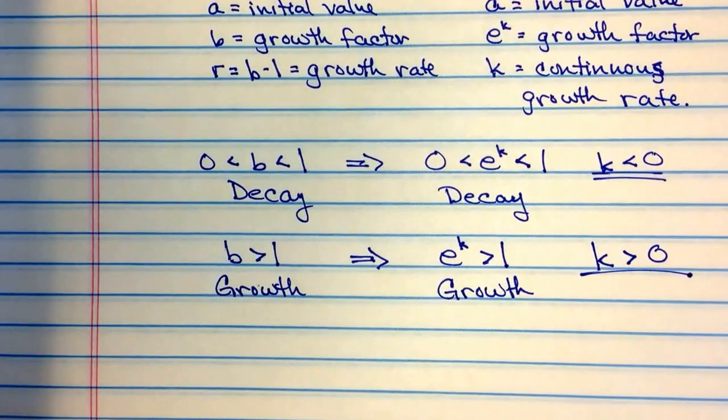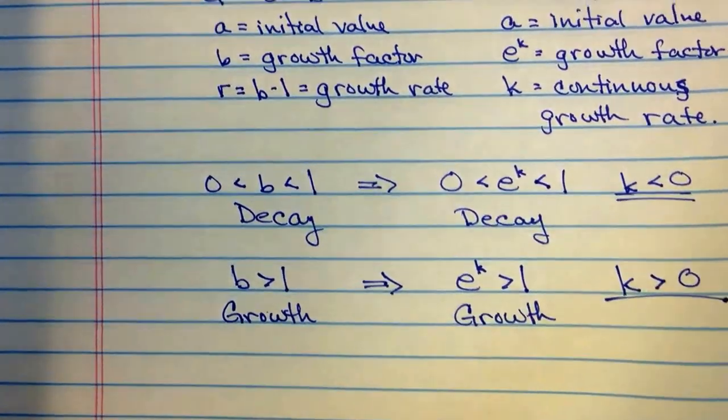Okay, so now let's go ahead and jump into some problems within the section. So big 3, examples. All right, little a, let's do number 2 out of the book.